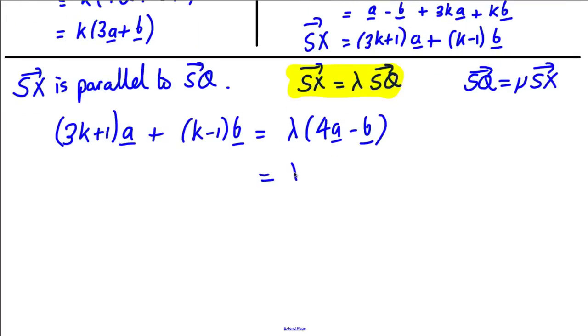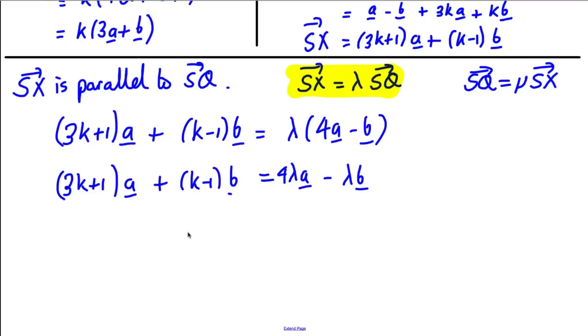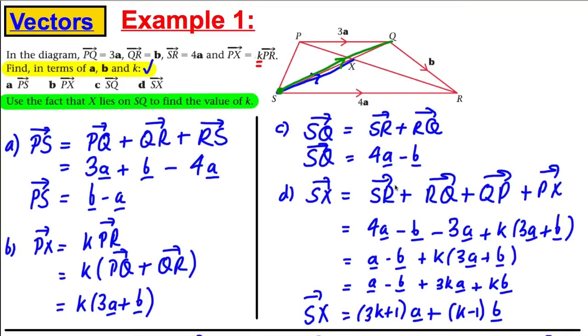So this would be 4 lambda a minus lambda b, and this is (3k + 1)a plus (k − 1)b. Now we've got a similar scenario to that we had in the second video. We've got some lots of a plus some lots of b equals some lots of a and some lots of b.